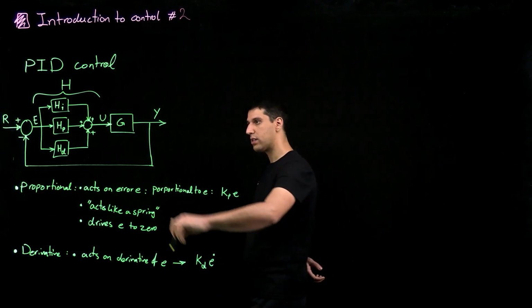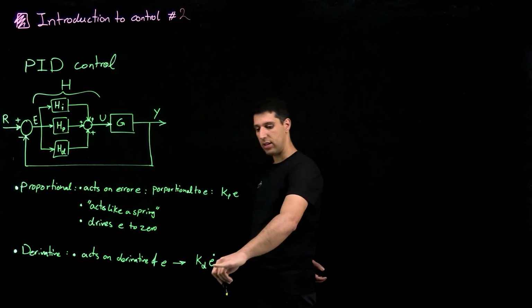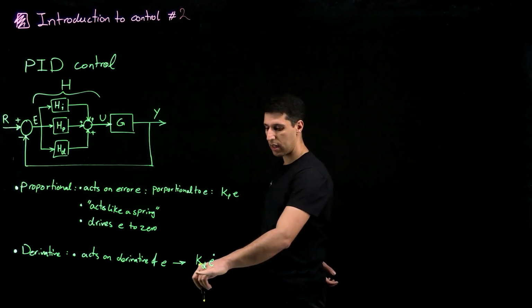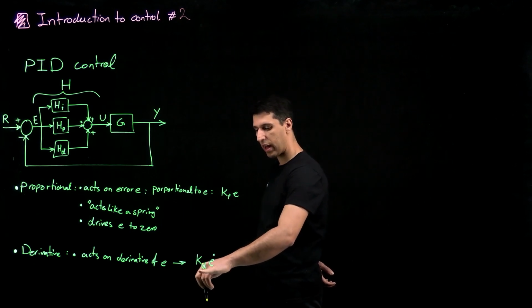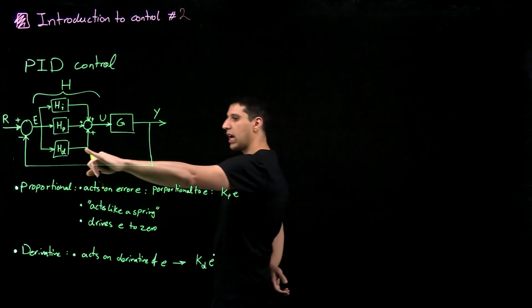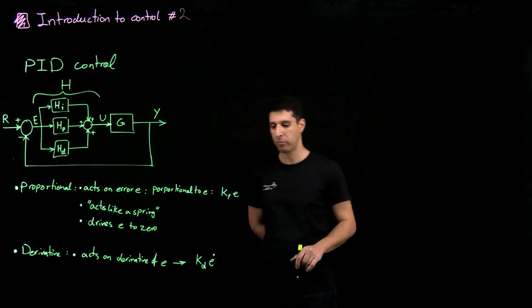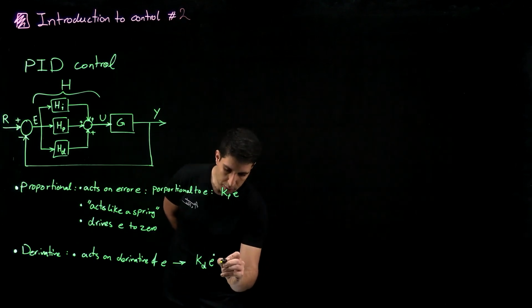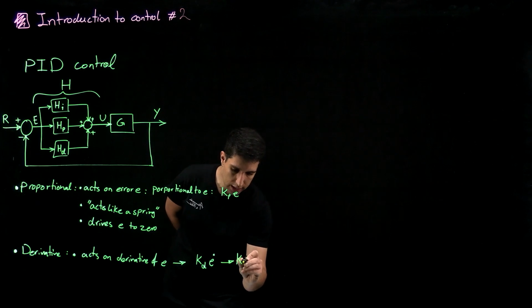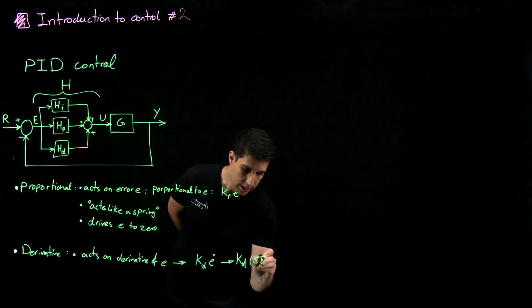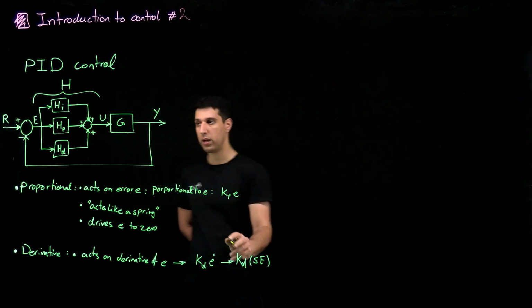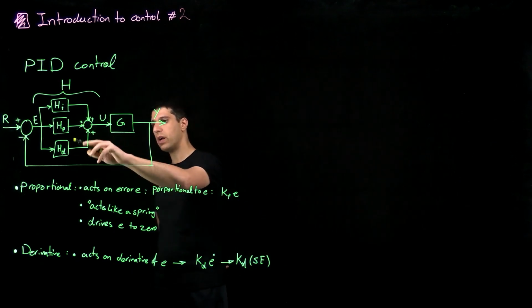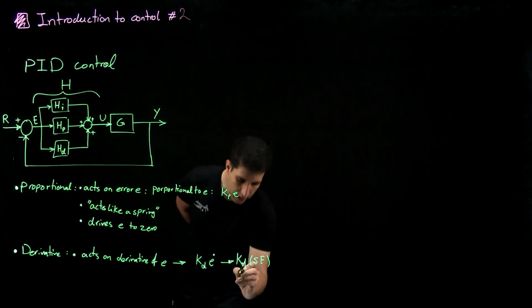So it calculates the error, the time derivative of that error, and then multiplies that by some constant value Kd, and that is the output of this module. Or in the Laplace domain, you could write it as Kd times sE. So usually when we are writing these in a block diagram, we do KdS.